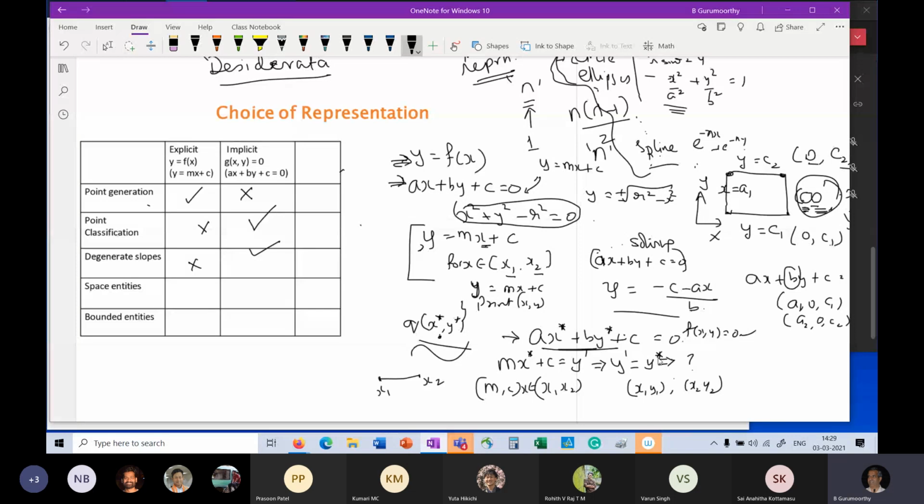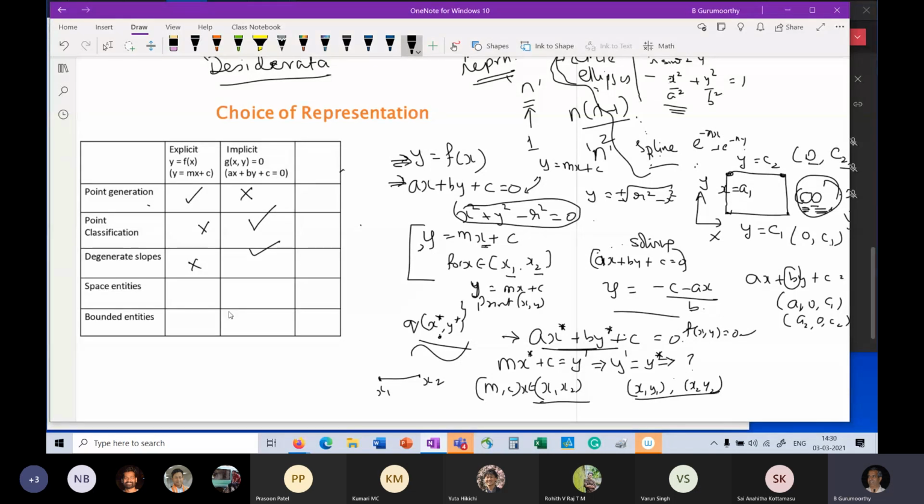There is nothing in these two representations that can bound these entities. So they're only good at representing infinite lines, but not a line segment, except when you carry this additional baggage of x belongs to x1, x2, and y belongs to y1, y2. And so the representations themselves do not help you.